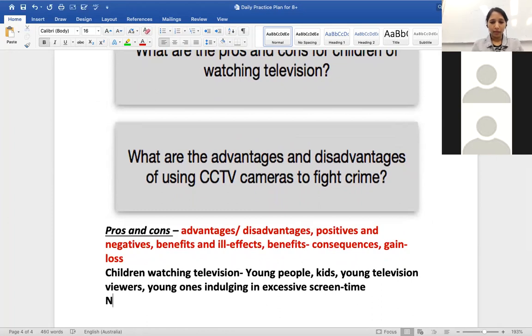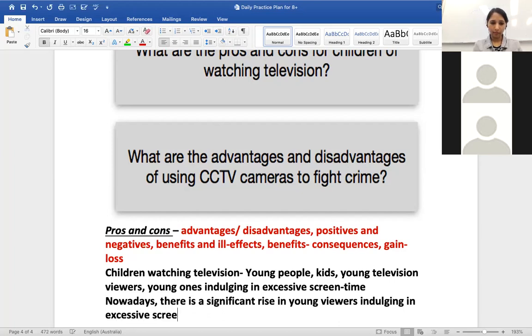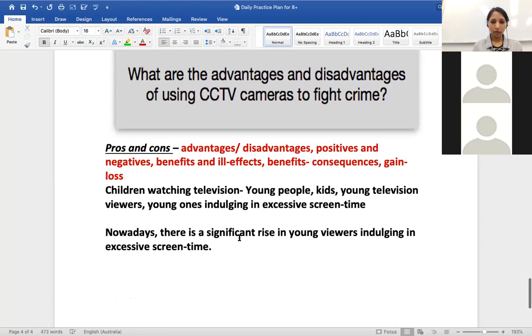So you would say, nowadays, there is a significant rise in young television viewers, or in young viewers spending or indulging in excessive screen time. This is your paraphrasing.